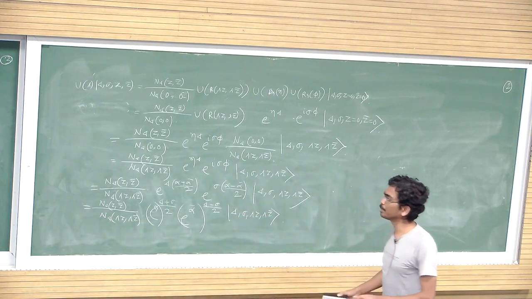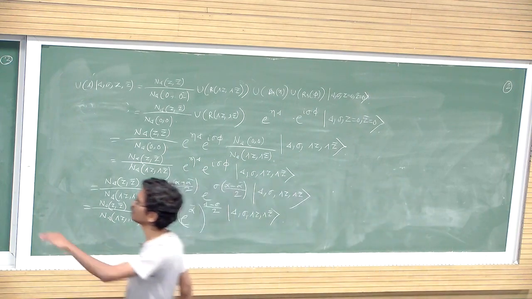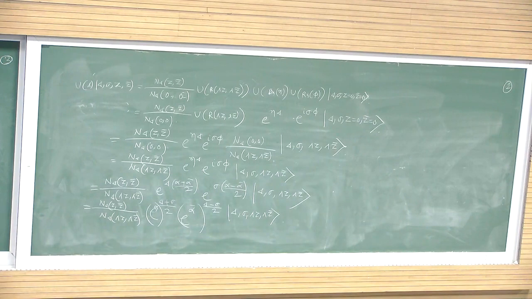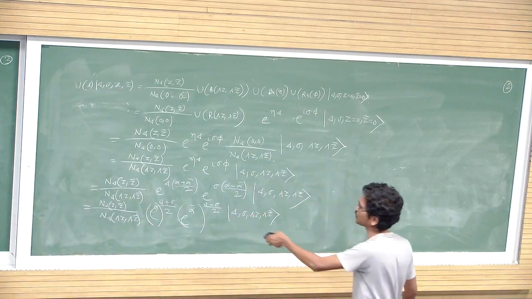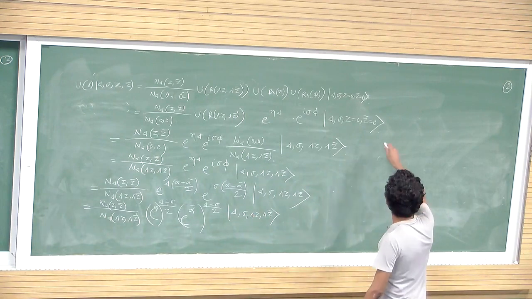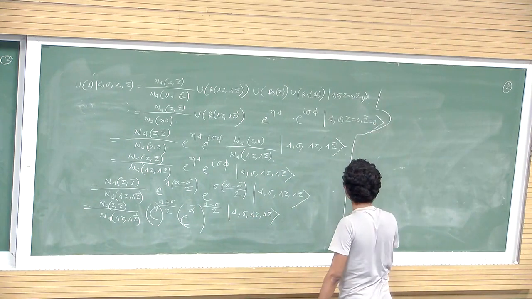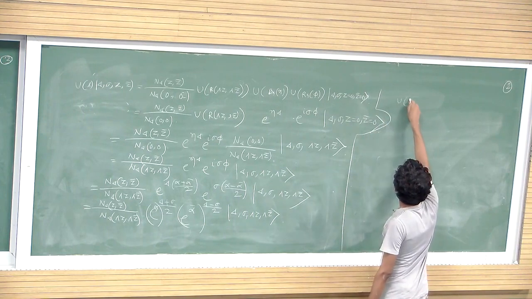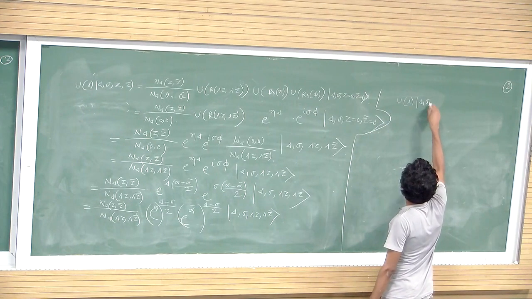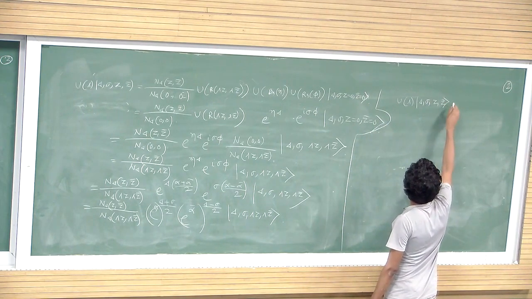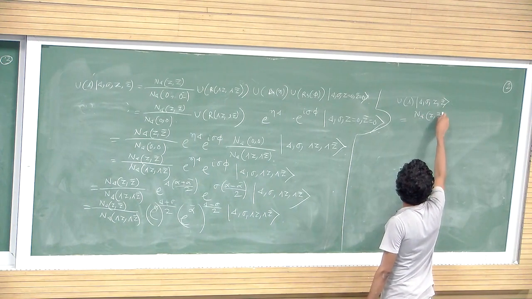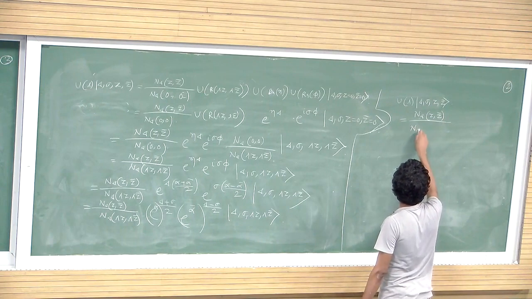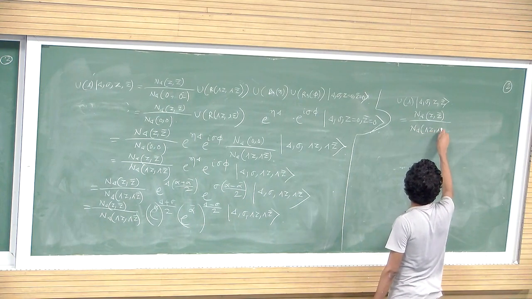Okay. Now you remember the expression of e to the power alpha. This is the expression of e to the power alpha. So you just put it there, substitute for e to the power alpha. So then U of lambda, z, z bar equals n delta z z bar, n delta lambda z bar.